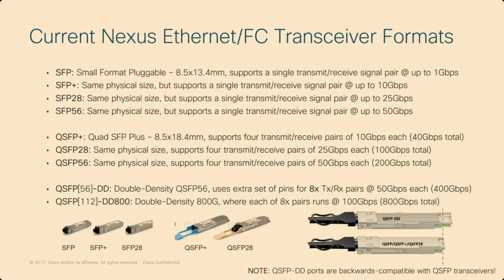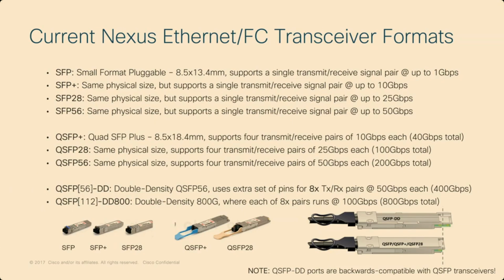When we get into the 400 and 800 gig range, that's where things get a little interesting. You can see on the right-hand side at the bottom this new form factor called QSFP-DD, or QSFP double density. What happens is we took the QSFP slot and extended it so it had a second set of connectors on the card.